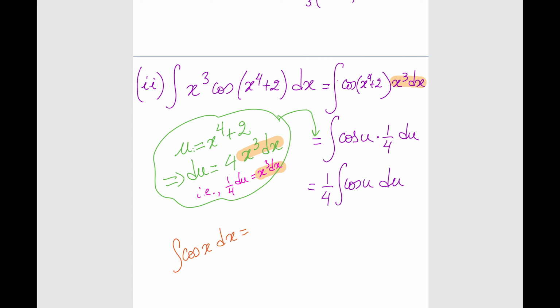Isn't it sine x plus a constant? Remember this? But what's so special about x? It's just a dummy variable. How about we think about it as an asterisk? That's my point. So this looks like primitive of cosine asterisk d asterisk is sine of asterisk plus c. Don't you have the asterisk here? You see the u? That's the asterisk. This is the same one as this, so I can apply it, no?